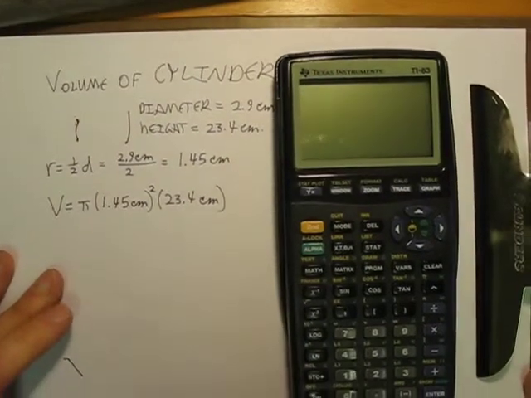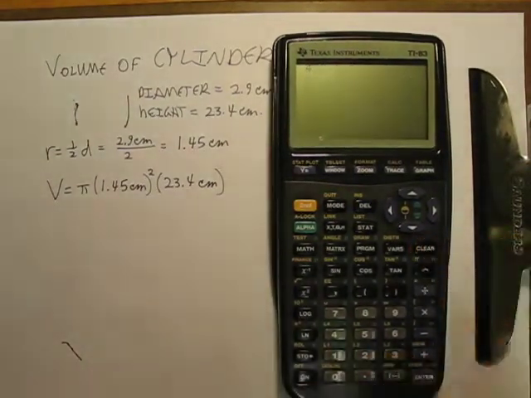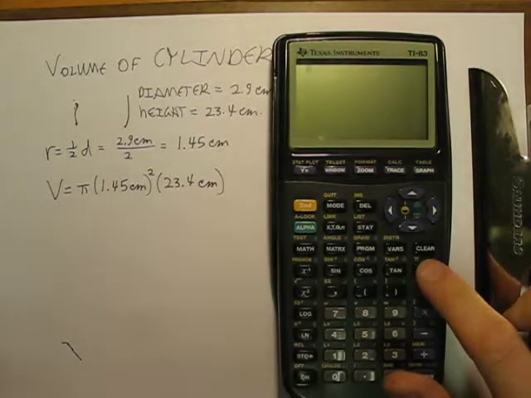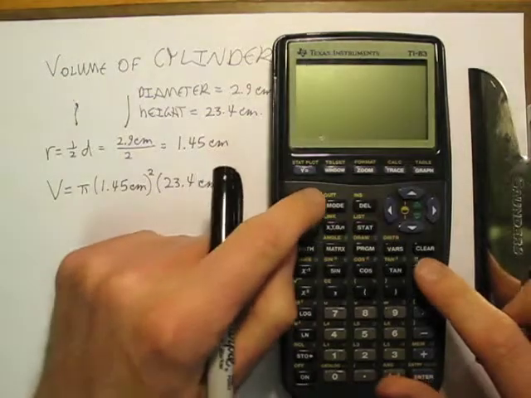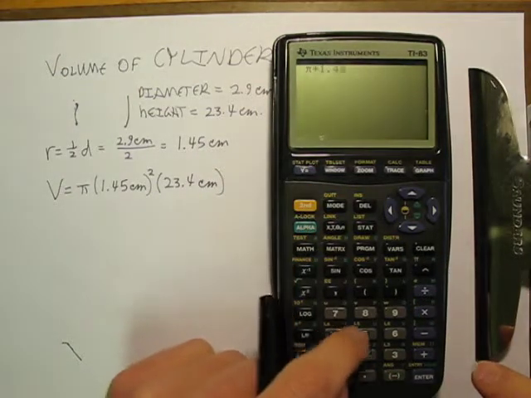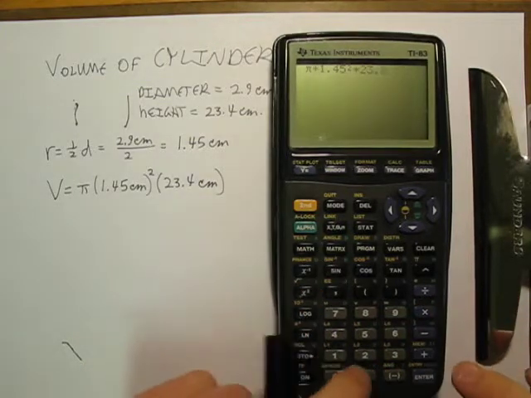Pull this in here like this, on, clear. We're going to get pi. Where do I find the pi button? The pi button is right there, so I've got to go second pi times 1.45 squared times 23.4.